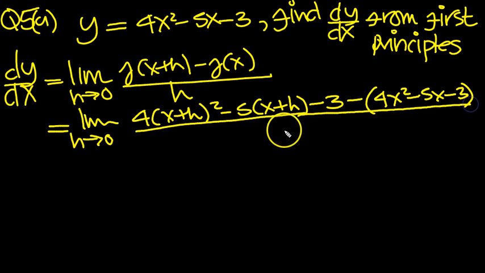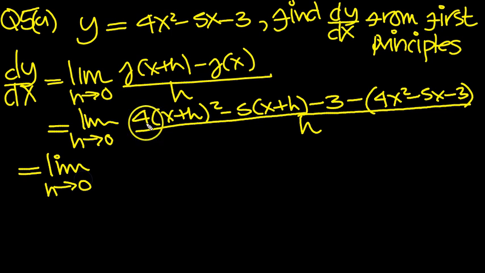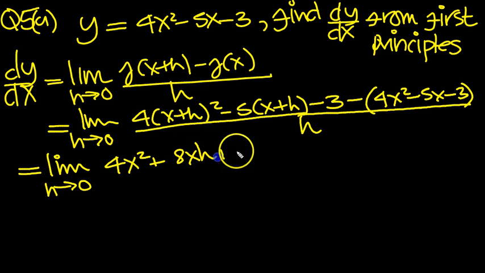So let's do that then, and that's all divided by h, which equals the limit as h tends to 0. On the top, we're going to expand this bracket with 4 lots of x squared, so it's 4x squared. 2xh times 4 is 8xh, there's the middle term. And then you've got an h squared times 4, 4h squared.